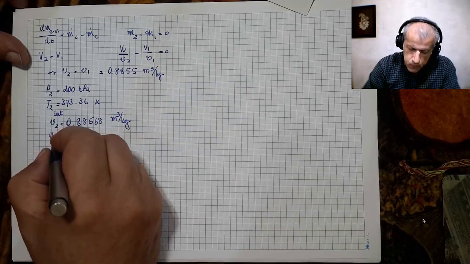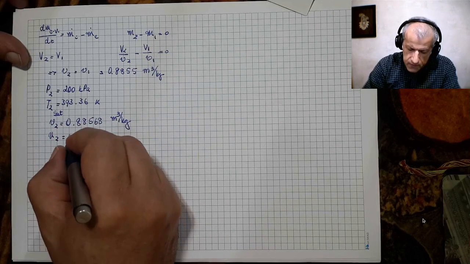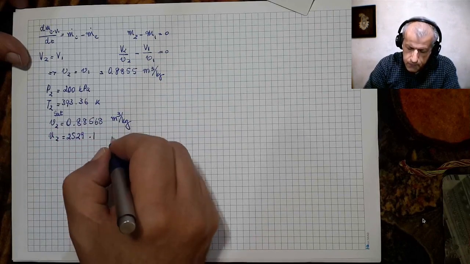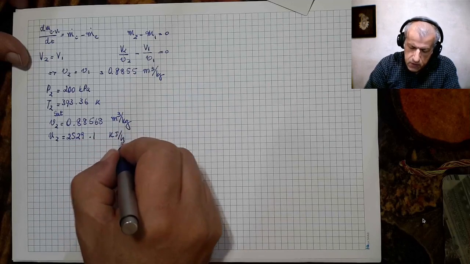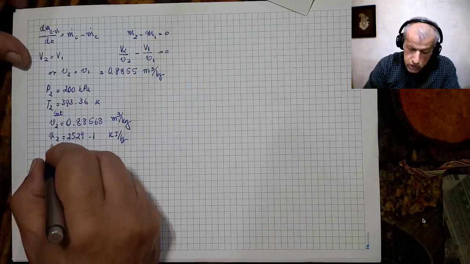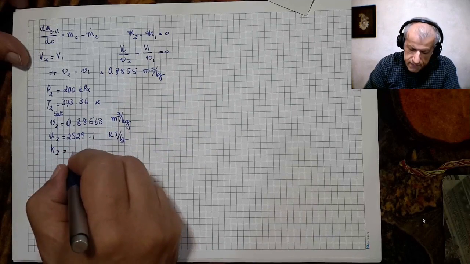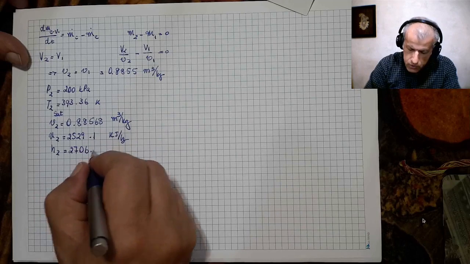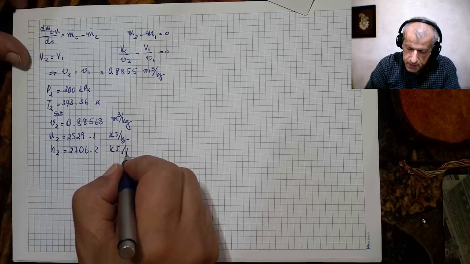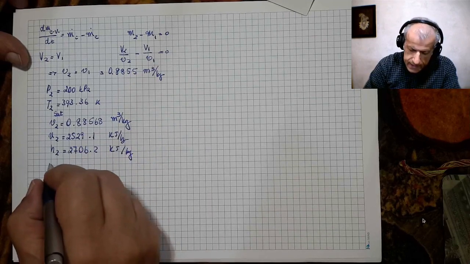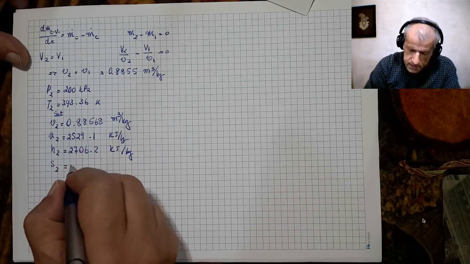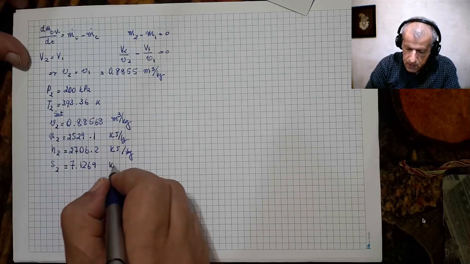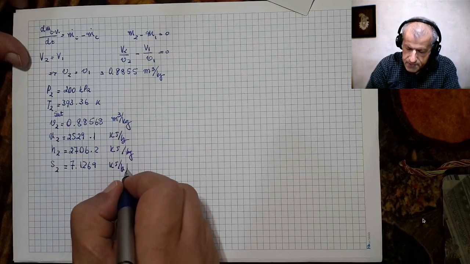U2 is 2529.1 kilojoules per kilogram, and H2 is 2706.2 kilojoules per kilogram, and S2 is 7.1269 kilojoules per kilogram kelvin.